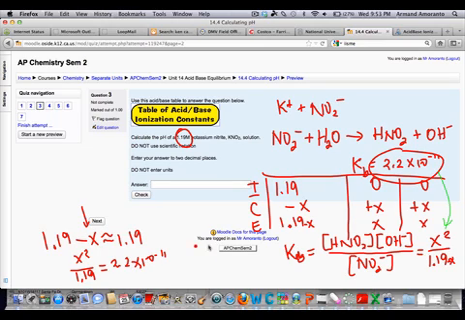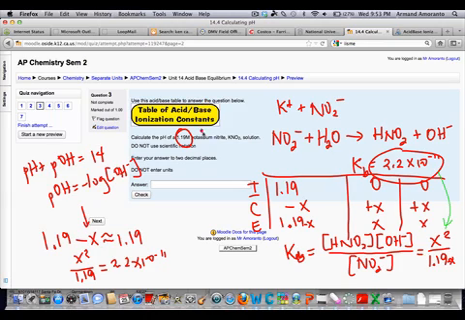Solve for x, take the square root. That'll, of course, give me my OH concentration. And if I know my OH concentration, then I can use the fact that pH plus pOH is equal to 14 and find pOH by using the negative log of the OH concentration. So once you know this, you can plug that in, solve for pH, and then you're done.